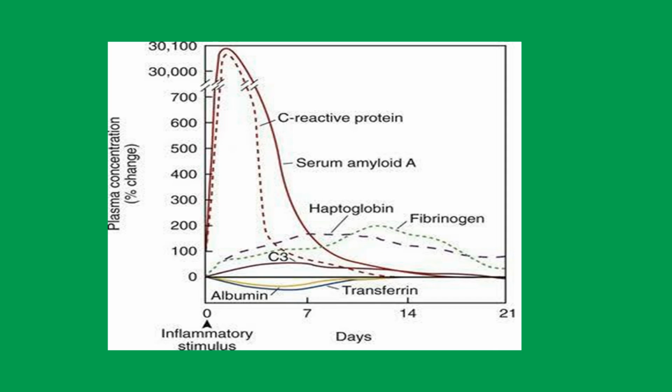You also have your moderate acute phase reactants like your haptoglobin and fibrinogen, which are steadily elevated over the course of the inflammation. And of course, we have your negative acute phase reactants like your albumin and transferrin, where the level drops during the first few days of your inflammatory process.